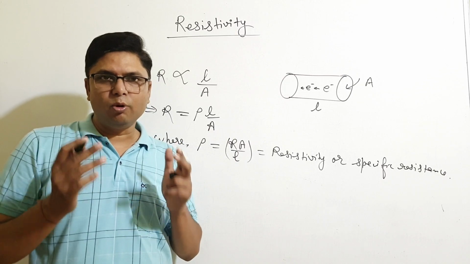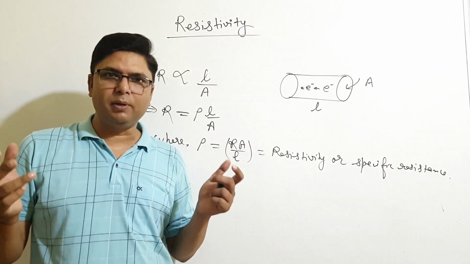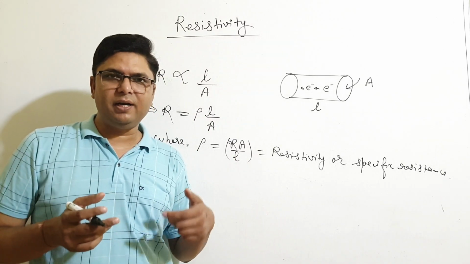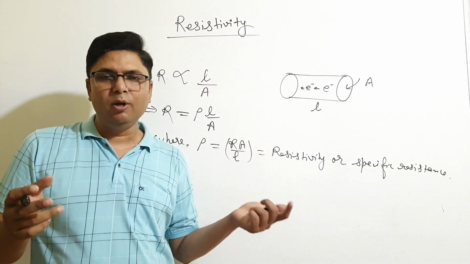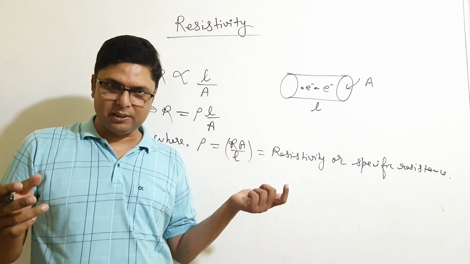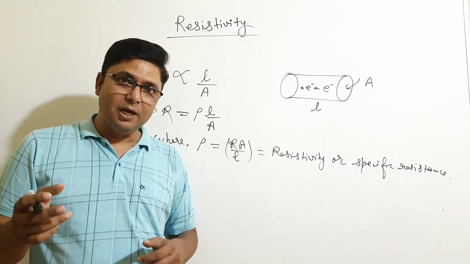Resistivity of gold is different from resistivity of silver, which is different from resistivity of copper, and different from resistivity of aluminum. So as you change the material, resistivity also changes. So it is known as specific resistance.